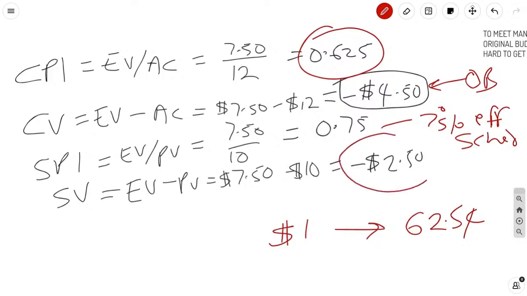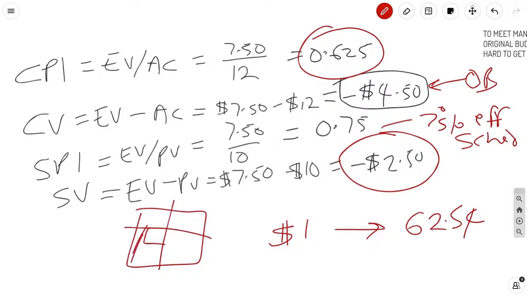The negative 250 means you have $2.50 worth of work or worth of schedule to complete. So your $2.50 worth of work can be seen in that image where we have everything done for day one, but that place I've marked X. That's the 250 that you're missing.